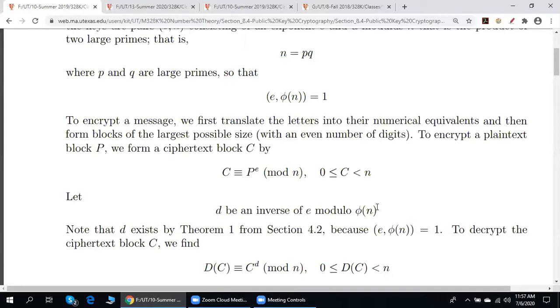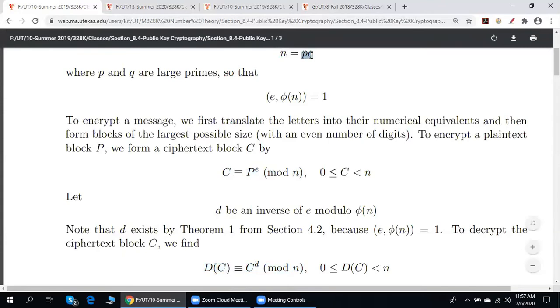This is the whole point about public key cryptography. We know how to encrypt. We have no idea how to decrypt without knowing p and q. In order to encrypt, all we need is e and n. However, in order to decrypt, we need p and q in addition to e.